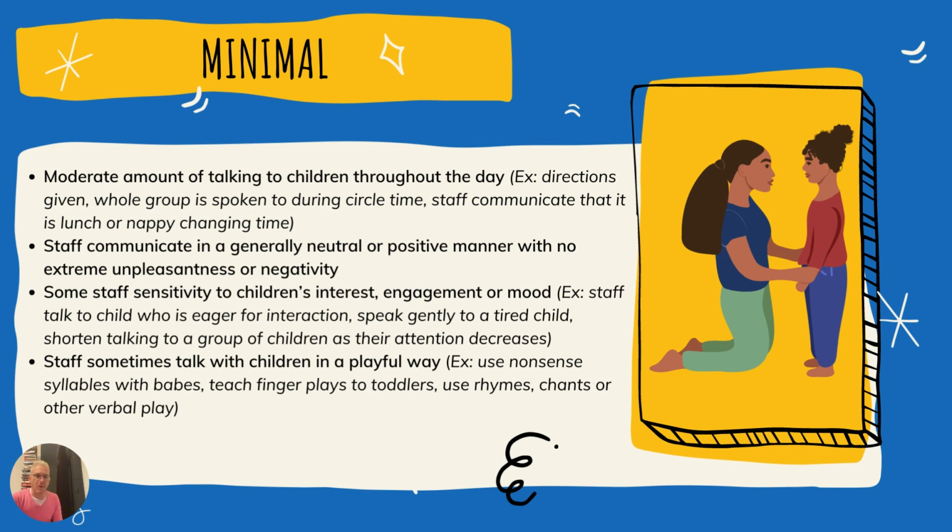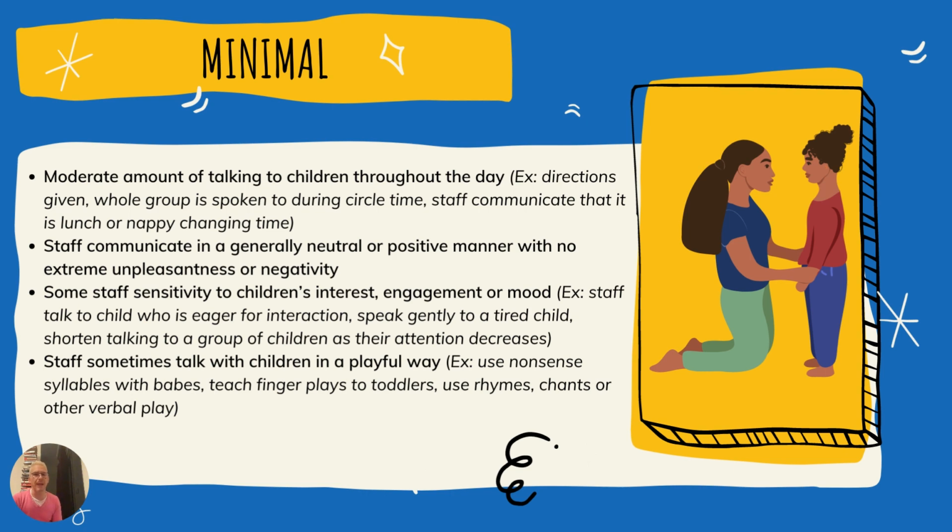So for minimal, we have 4 points, and we would want to see a moderate amount of talking to children throughout the day. For example, directions given to the whole group. That could be during circle time or snack time. Staff communicate things like lunch is ready, or it's nap time, or time to change nappies.